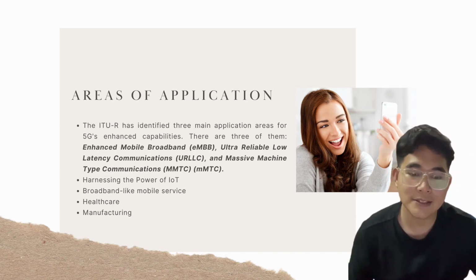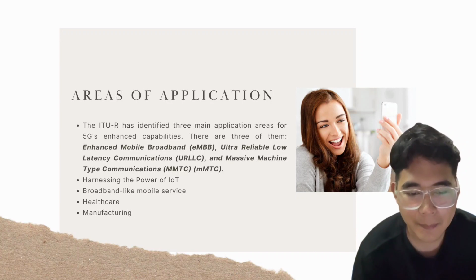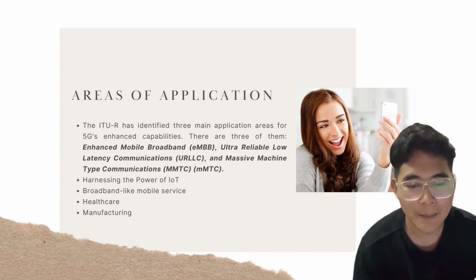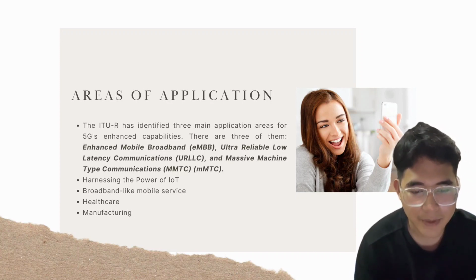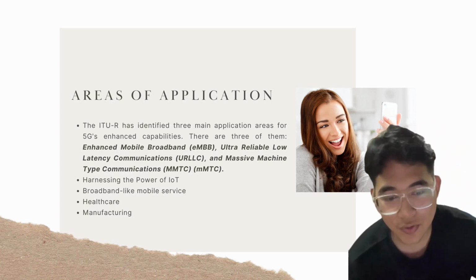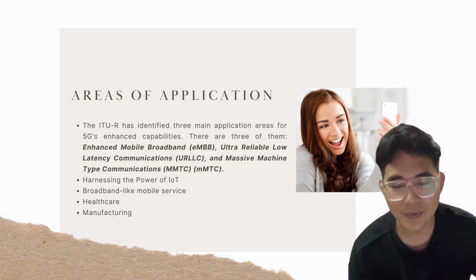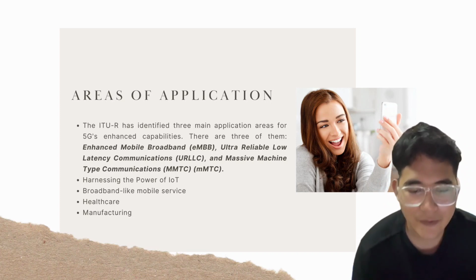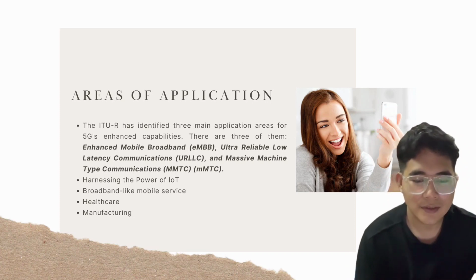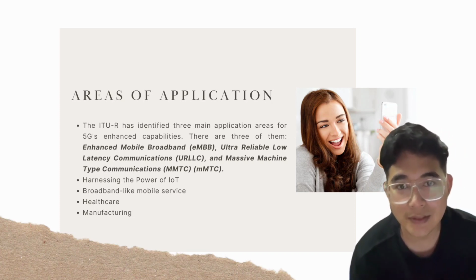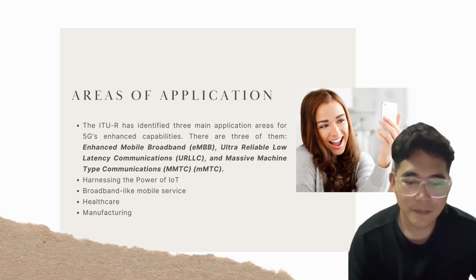What is 5G eMBB? eMBB stands for Enhanced Mobile Broadband. The peak data rate is 10 to 20 Gbps, 100 Mbps whenever needed, 10,000 times more traffic, and it supports macro and small cells.